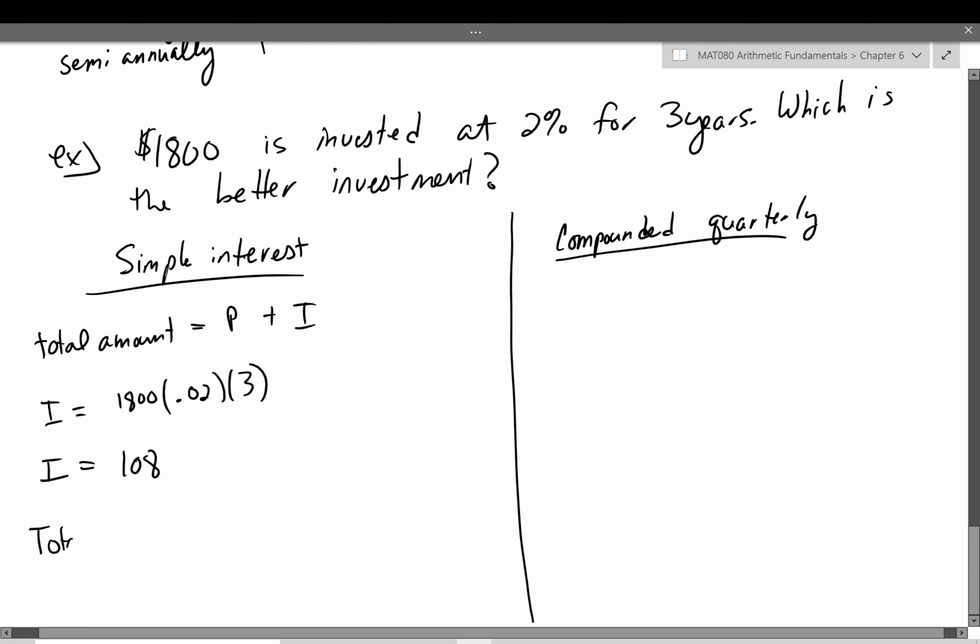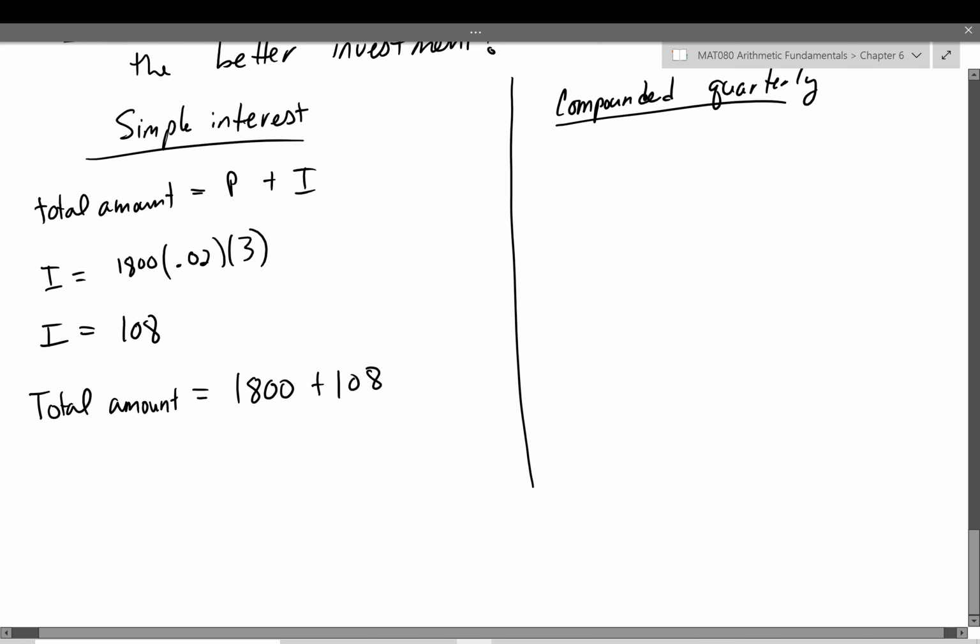So the total amount equals 1,800 plus 108, which is $1,908, okay? So that's if we invest our money using just simple interest.